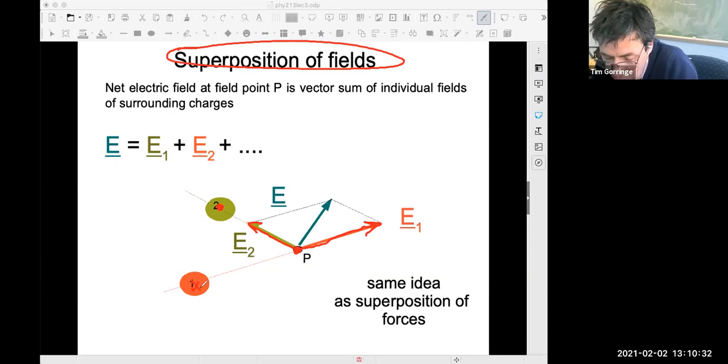And you can see that Q1, charge 1, must be a positive charge as the field points away from it. Charge 2 must be a negative charge as the field is pointing towards it. But anyway, the total electrical field at this field point P is just the vector sum of E1 pointing up and towards the right and E2 pointing up and towards the left. That vector sum is here, and that's what I've called E. You can see how it's the sum of those two vectors. If I go on to the next slide, I've drawn the vector addition.